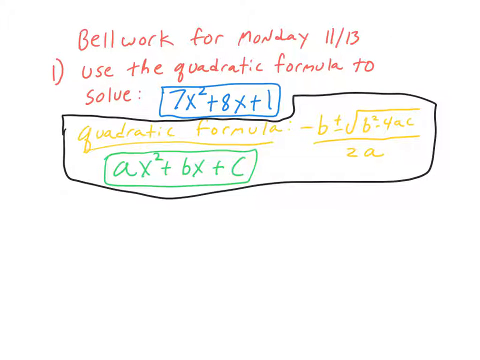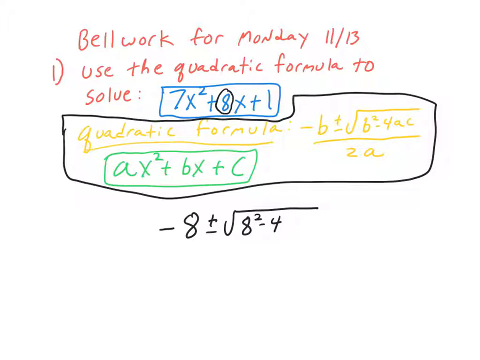So we'll start with negative b. So b is the 8. So we're going to get negative 8 plus or minus square root, and then there's the 8 again, 8 squared minus 4 times a.